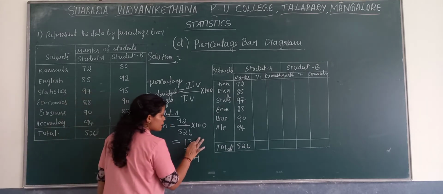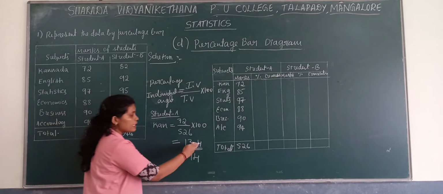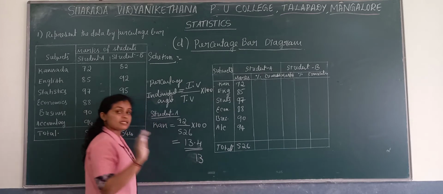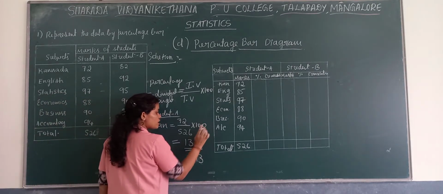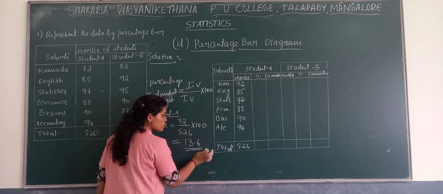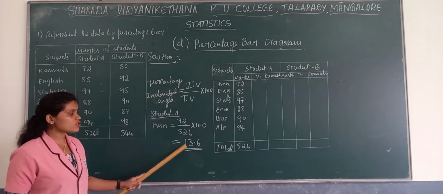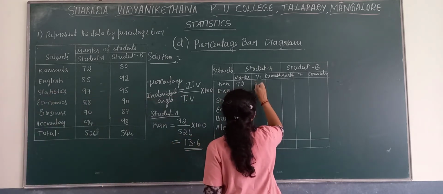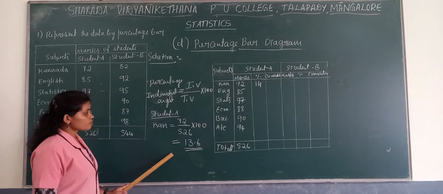For example, if it is 4, then it is not 5 or more than 5, so we take the round figure as 13 itself. But since here the digit after the decimal is more than 5, we increase this value by 1. So the first percentage is 14.